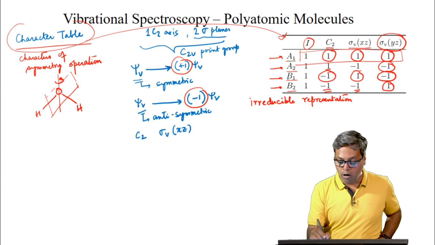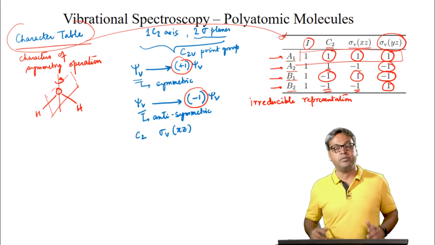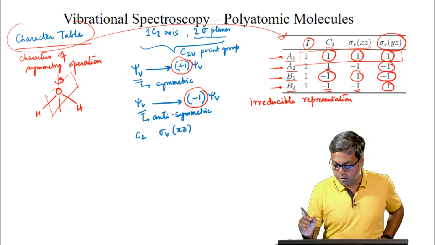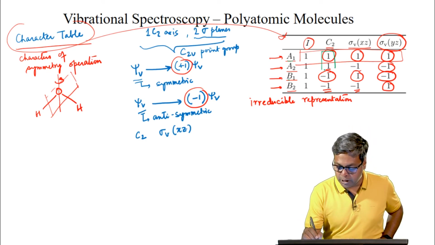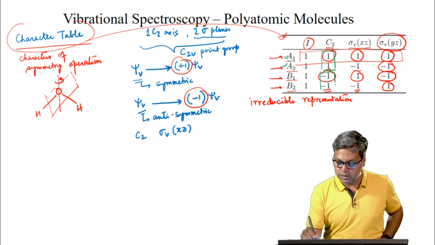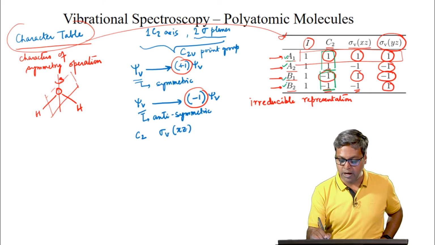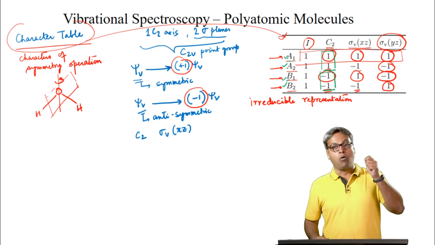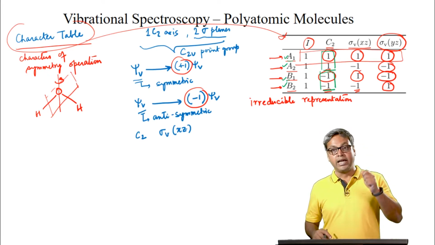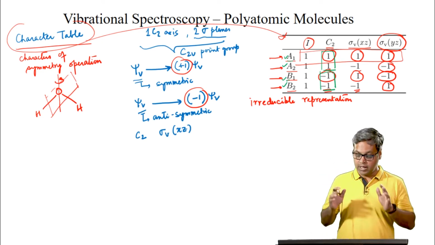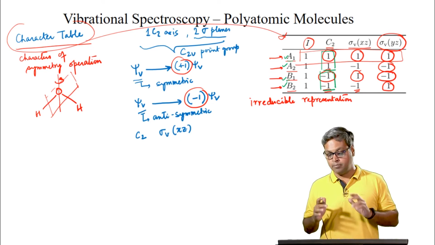A or B indicates symmetry or anti-symmetry respectively to C2. So, we can see whenever C2 is plus 1, we have A, and whenever C2 is minus 1, we have B. Similarly, the subscripts 1 and 2 indicate symmetry or antisymmetry with respect to the sigma v xz plane.